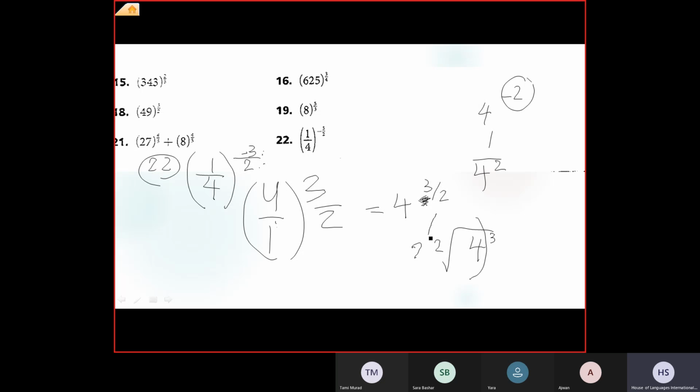Then, yeah, square root of 4 is... 2 to the power 3 is... no, it's not 2 times 3.